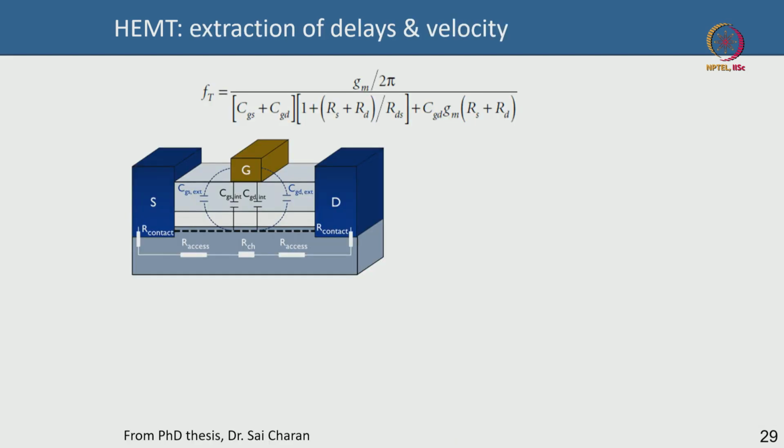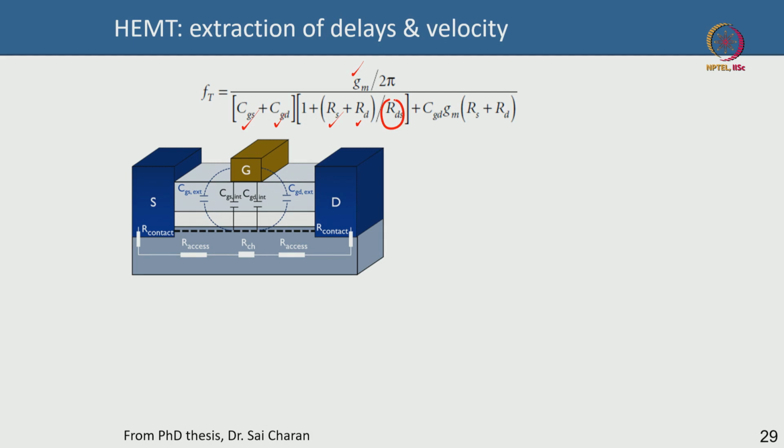This is your cutoff frequency expression, which is identical to that of a gallium arsenide MESFET. In fact, for any FET you can use the same concept. FT goes directly as gm, the transconductance has to be really high, and you can see that this is your gate source capacitance, this is your gate drain capacitance, source resistance, drain resistance, this is your output conductance.